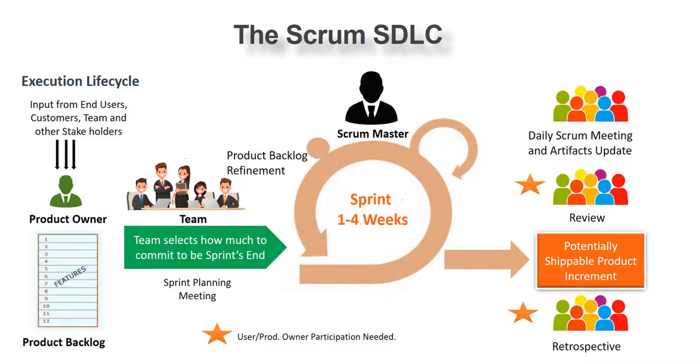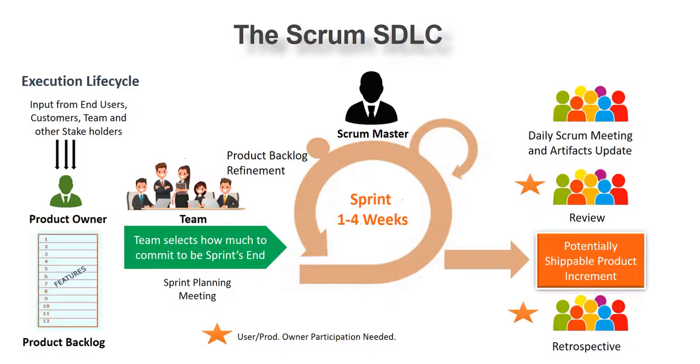This product backlog is defined for any release, and then the requirements get taken from the product backlog, and the team keeps on working on those requirements and finishes all of those requirements within that particular release.